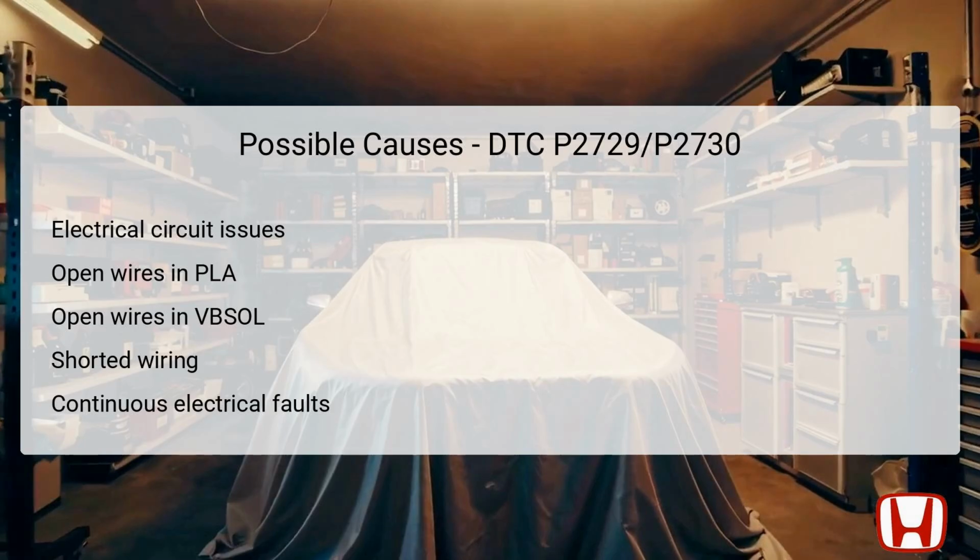Furthermore, continuous electrical faults in these circuits can lead to recurrent triggering of the DTCs even after resets. Unlike mechanical faults, addressing these electrical issues requires a systematic examination of connections and wiring integrity, ensuring that all pathways are free of damage or malfunction.